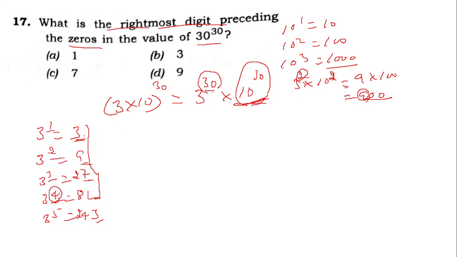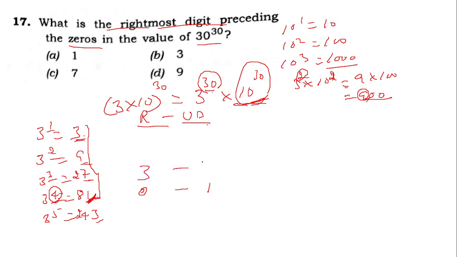If I divide 4 by 4, I am going to get remainder 0. Let me write it for you, R and U. If my remainder is 0, I am going to get unit digit 1. If I divide 3 by 4, I will get remainder 3.